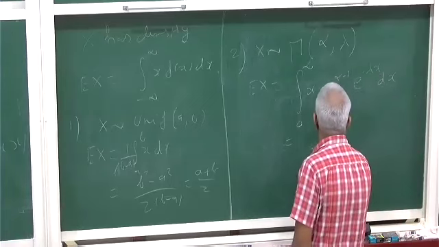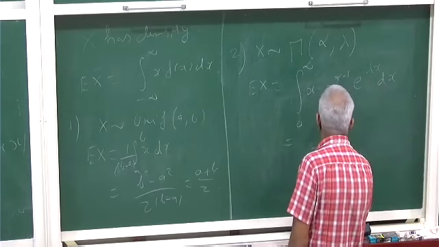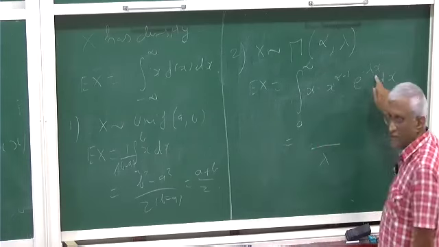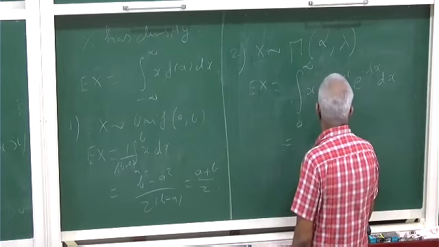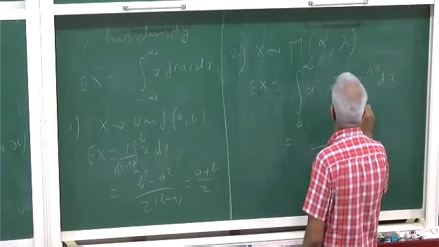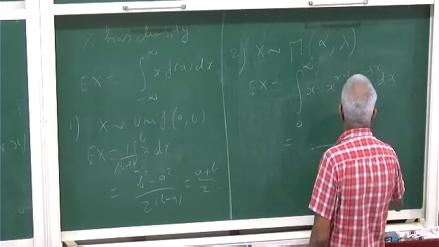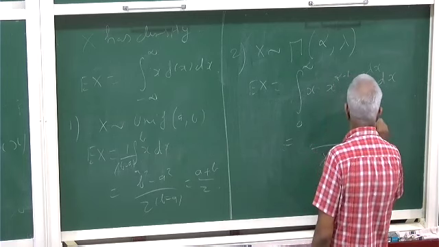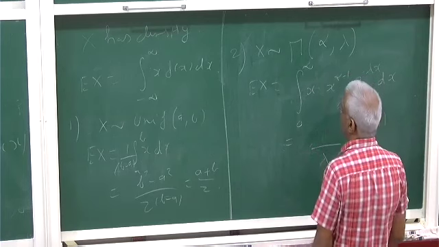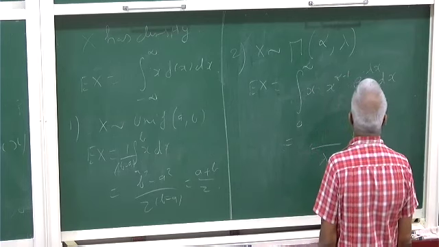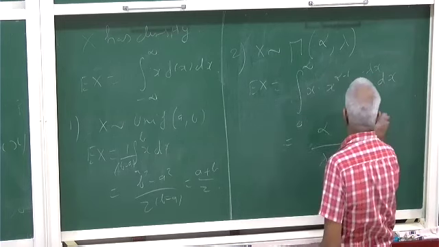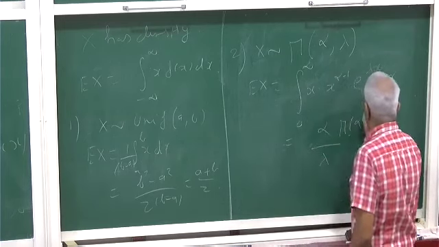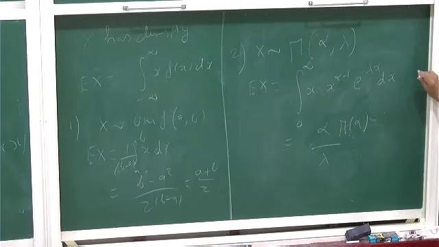There is a lambda, I mean, you have only e power minus lambda x.